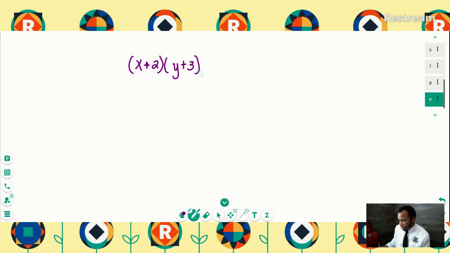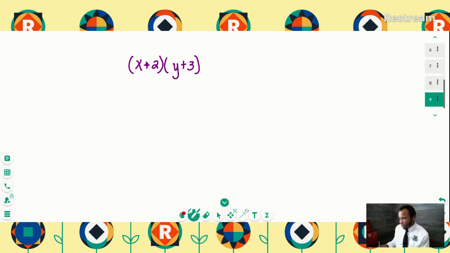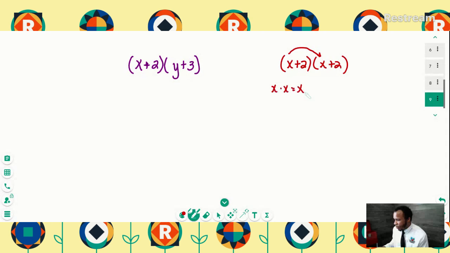And over to the right, I actually put another example just to show you how it works out the same. It just looks a little different. So we have x plus 2 times x plus 2. Looking at the one on the right side, we multiply x times x first, and that gives us x squared.